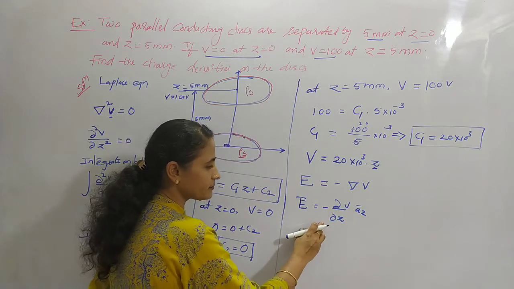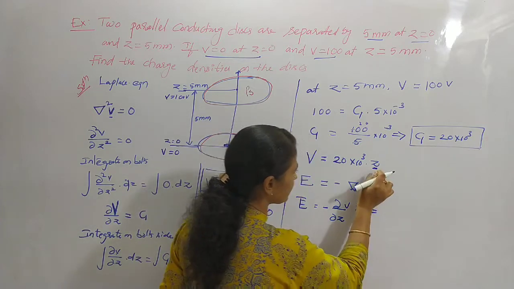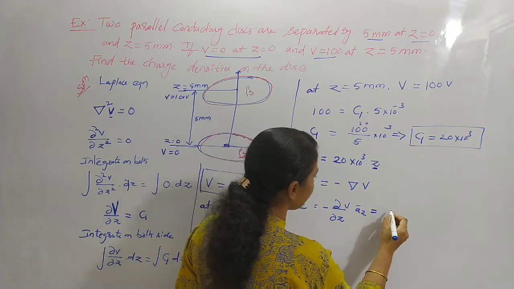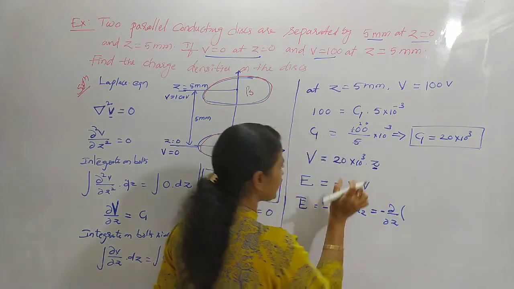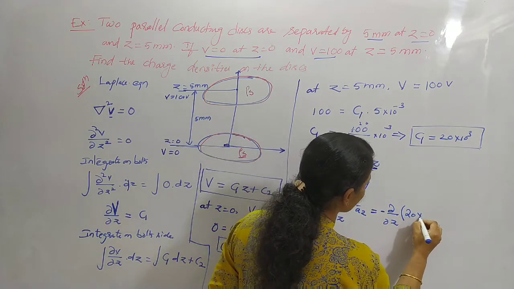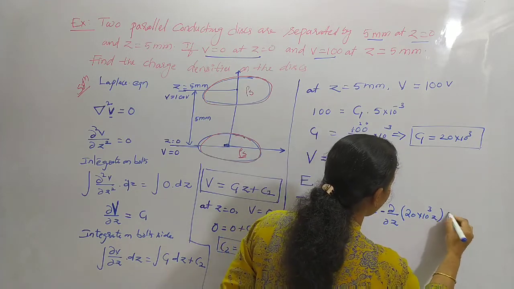I didn't write the terms along X and Y, since we only have the term along Z. So it can be written as minus dou by dou Z of V, which is 20 into 10 raised to 3 Z, into Az.